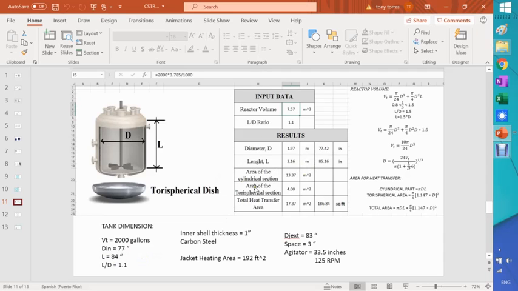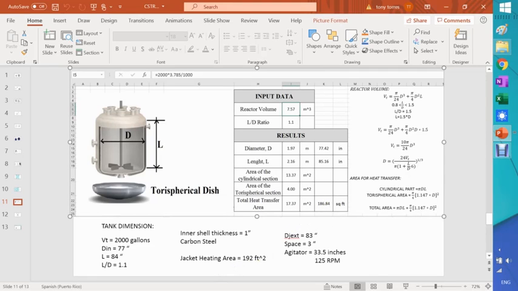How about the area of the cylindrical section? Give me a number. How about the total spherical part? Another number. If I add up these two areas, it gives me 17.37 meters square. If I convert that number to square feet, 186, 192 as per the blueprint. Oh, not bad at all.